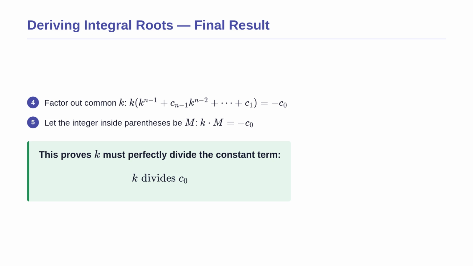When you add and multiply integers, the result is always another integer. Let us call that entire massive integer m. This simplifies our equation significantly to k times m equals -c0. This final equation is the exact mathematical definition of divisibility. It proves that any integer root k must perfectly divide the constant term.